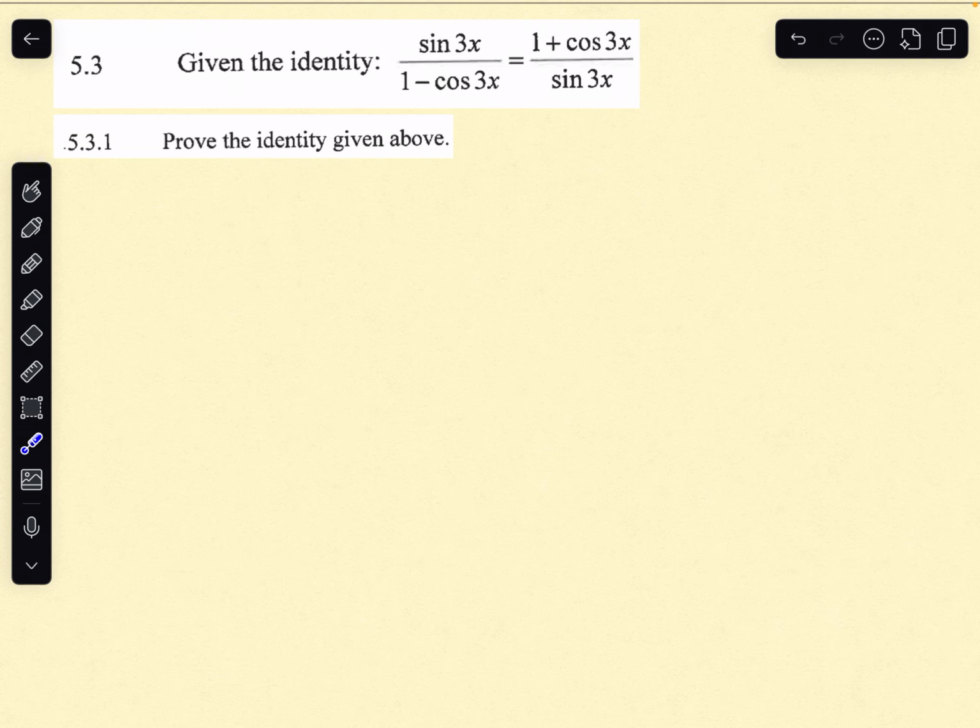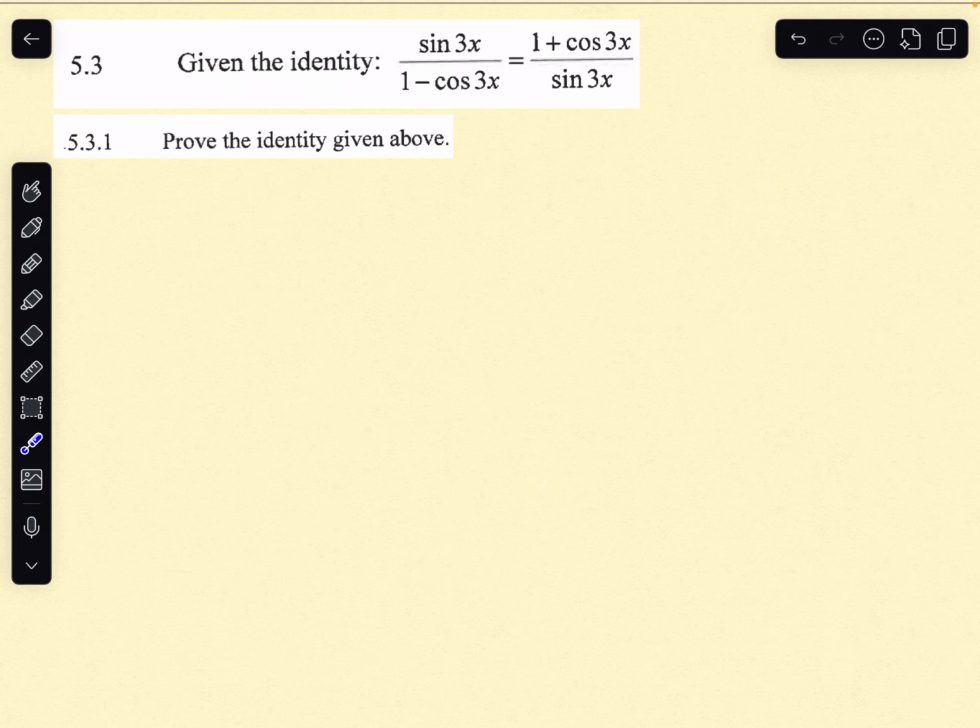So the trick here is we need to multiply the bottom by the conjugate. So instead of 1 minus cos 3x, we times it by 1 plus cos 3x in order to create a difference of two squares. I think we end up using the squares identity anyway, but it ends up working out.